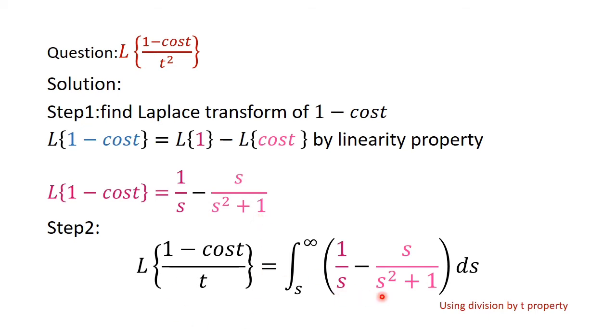So we simply integrate this expression. When we integrate 1 upon s, we get log s, and when we integrate s upon s square plus 1, we get half log of s square plus 1.